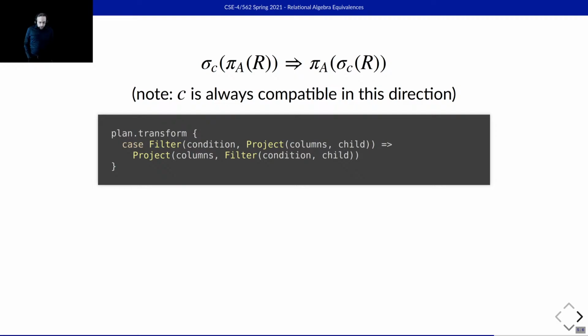So I introduced this function on Spark's logical plans called transform. Just to recap, what happens with transform is we give it a couple of patterns as case clauses, and it looks at the entire tree, and anywhere the set of nodes or the subtree of nodes is matched by this particular pattern, the transform operator lets us plug in a new thing.